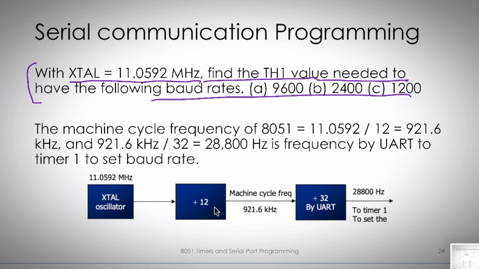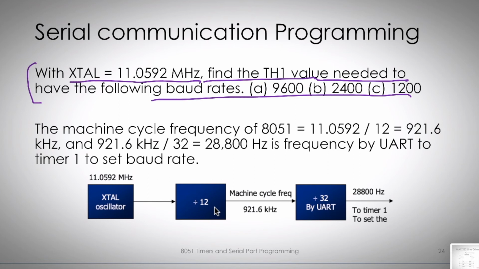What you need to understand is that in serial communication we use timer 1, and it is used in 8-bit auto reload mode. When using 8-bit auto reload mode, you store the value only in the TH register. That is what we studied in the timer topic, right?